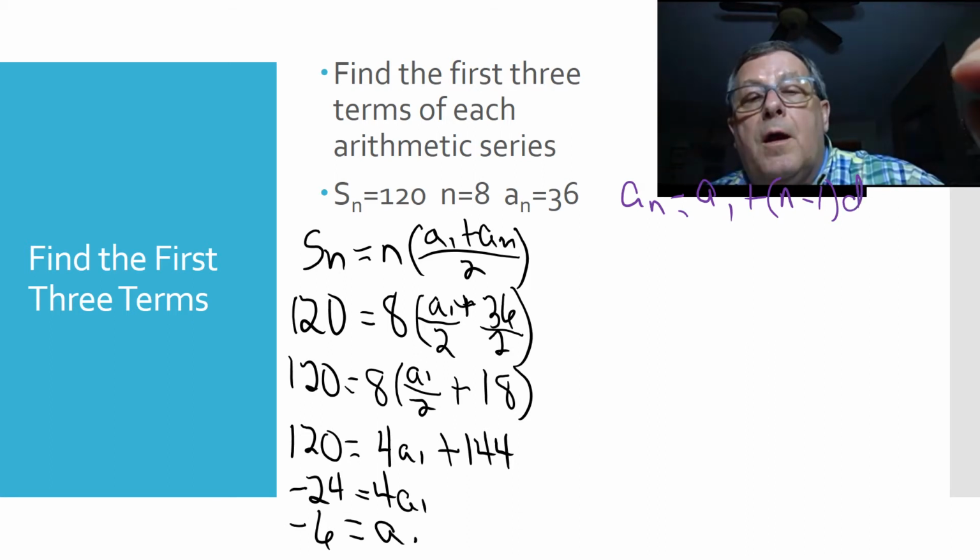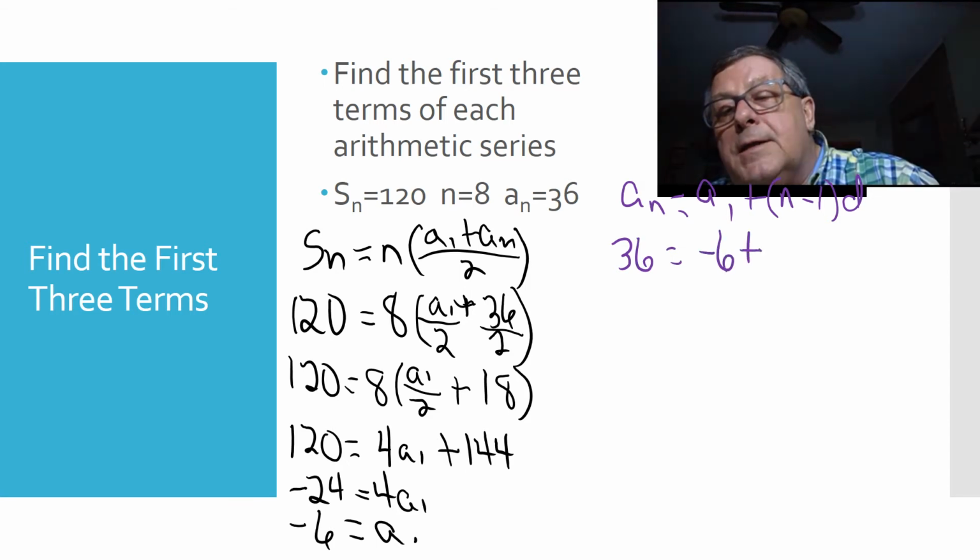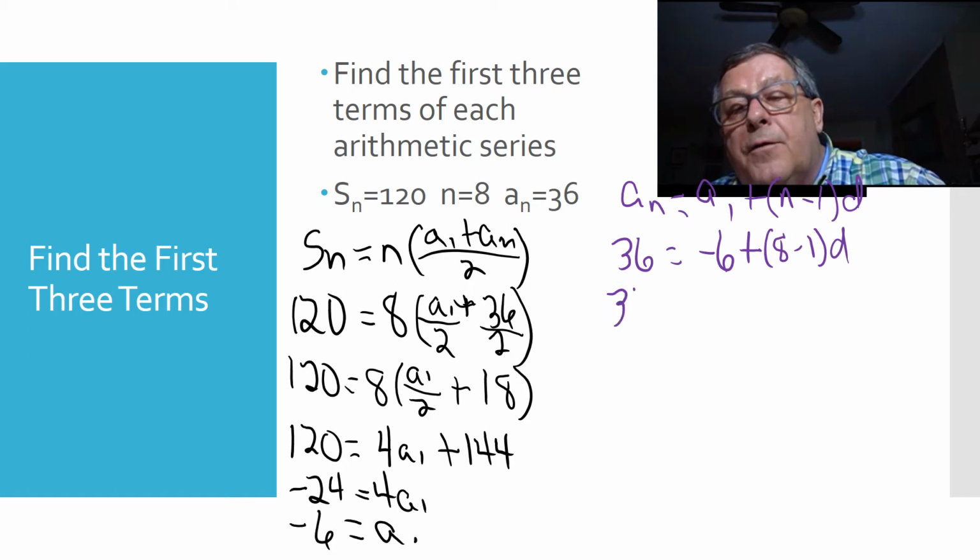We'll plug in what we know. An is 36, a1 we have calculated to be negative 6, plus n is 8, 8 minus 1, d. And we've got 36.